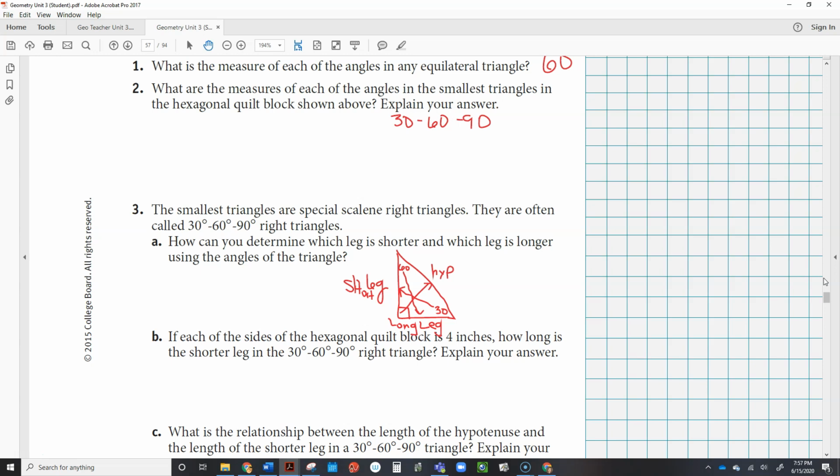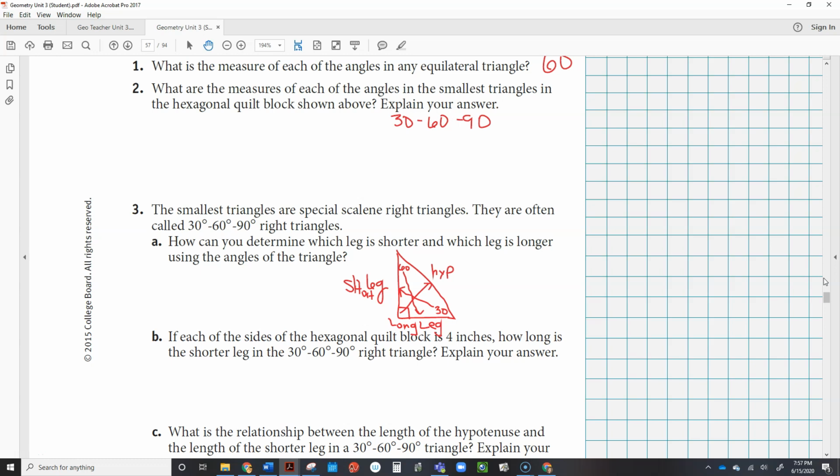So that's how we will refer to these: the long leg, the short leg, and the hypotenuse. It's very important that you get that terminology straight, because that's how we write our formulas. So again, across from the 30 will always be the short leg, across from the 60 will always be the long leg, and across from the right angle will always be the hypotenuse.